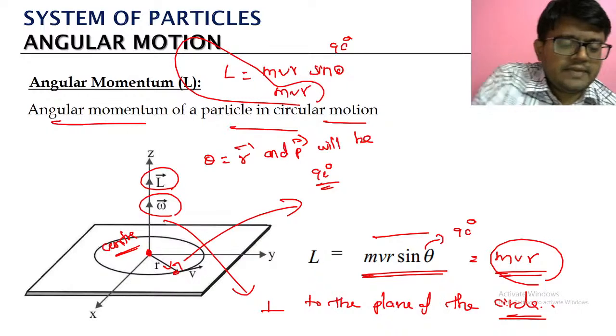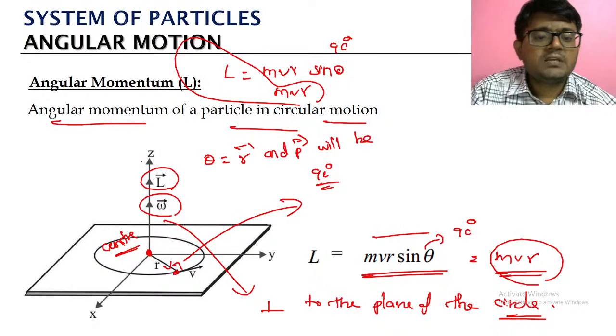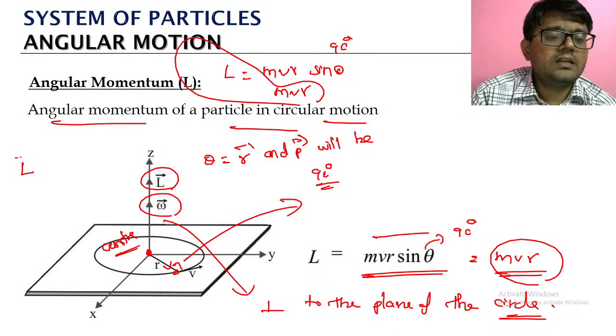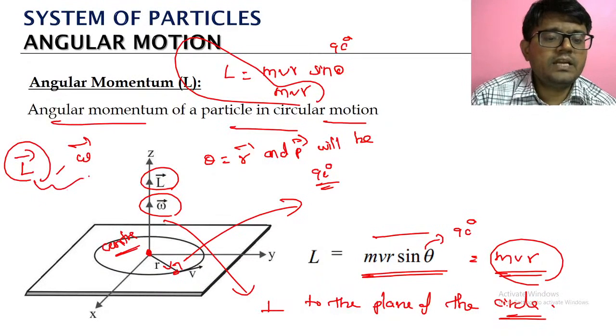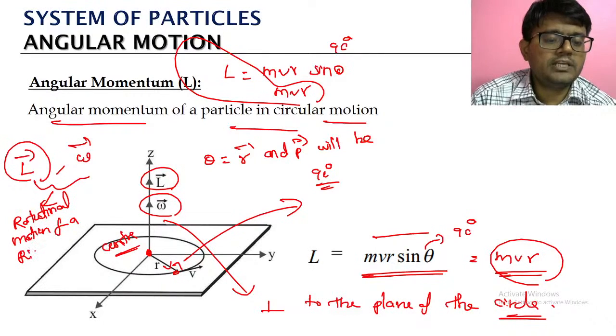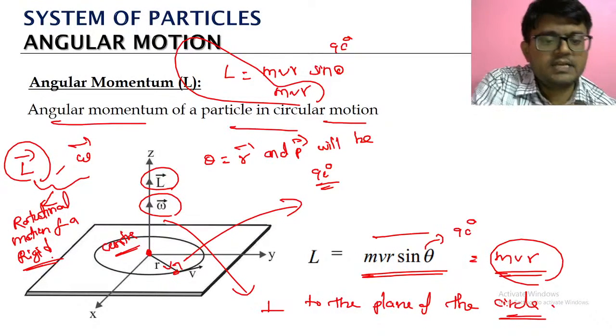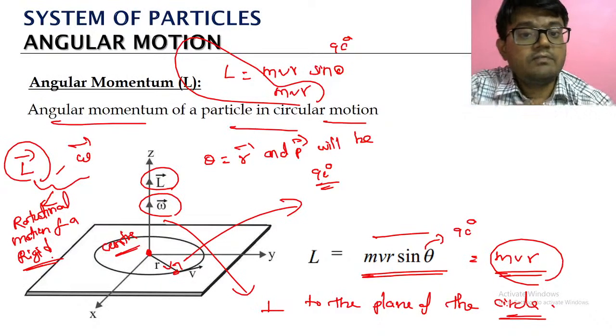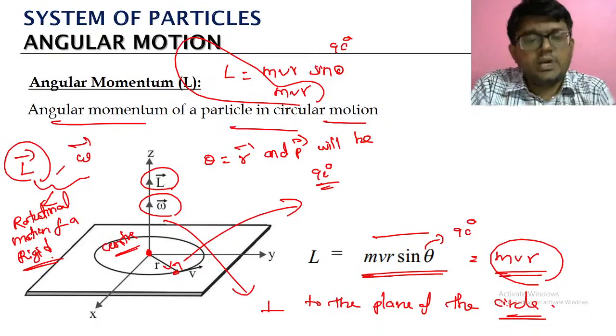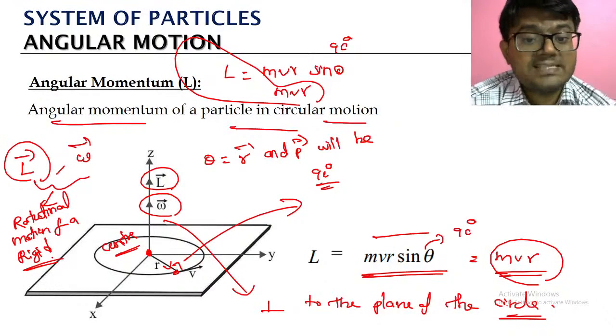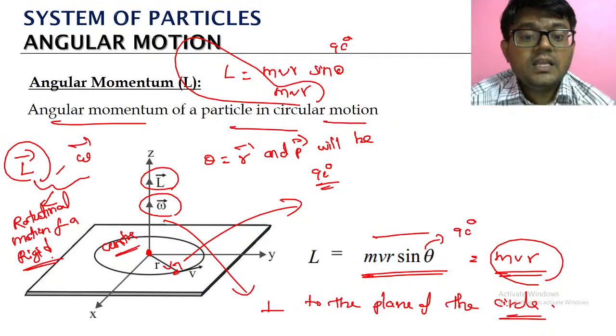So inga enna, we have one more relation, the relation between L bar and omega bar. Adanna we will talk about it when we discuss about the rotational motion of a rigid body. And the context we will talk about it. Okay, நம்ம அந்த ரிசல்ட் பார்க்கிறது கிடையாது. We'll talk about it when we talk about the rotational motion of the rigid body. அங்க என்ன, we'll talk about what is the exact relation between L and omega.